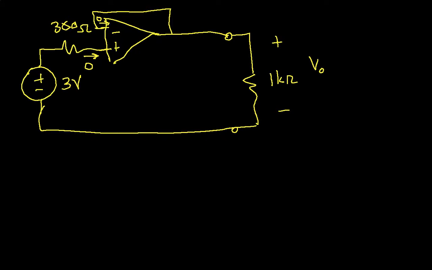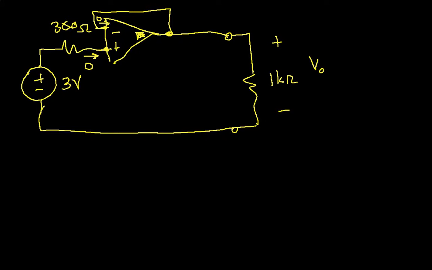Okay, and the other thing that we said about the ideal op-amp model is that the output of the op-amp, right here, will be whatever it needs to be to make the difference between the non-inverting and the inverting input 0. Okay?